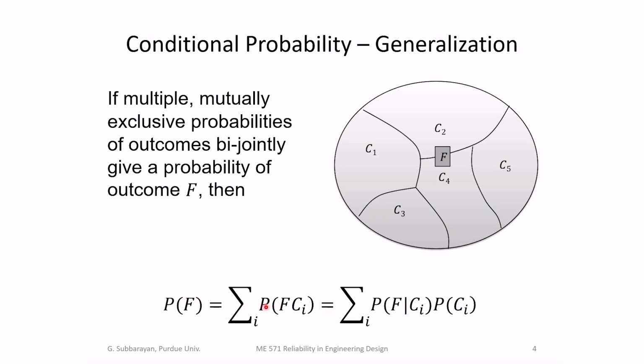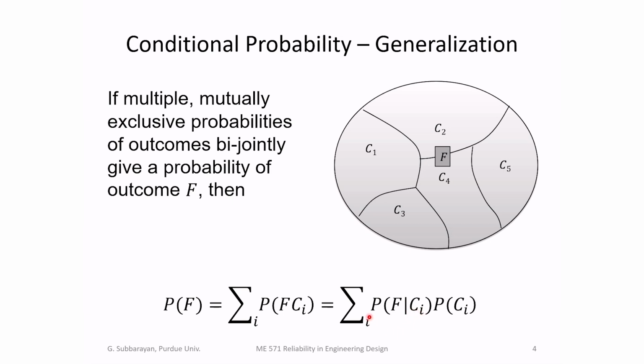So the probability of F is the summation of the probability of F times Ci, which now I can write using Bayes' theorem as the probability of F given Ci times the probability of Ci. This last bit comes directly from Bayes' theorem for the product of F and Ci, the event F and Ci occurring.